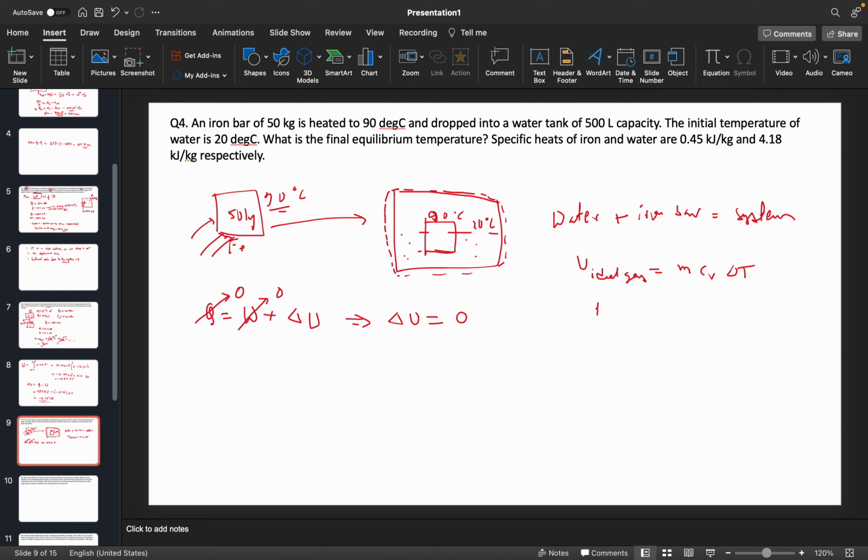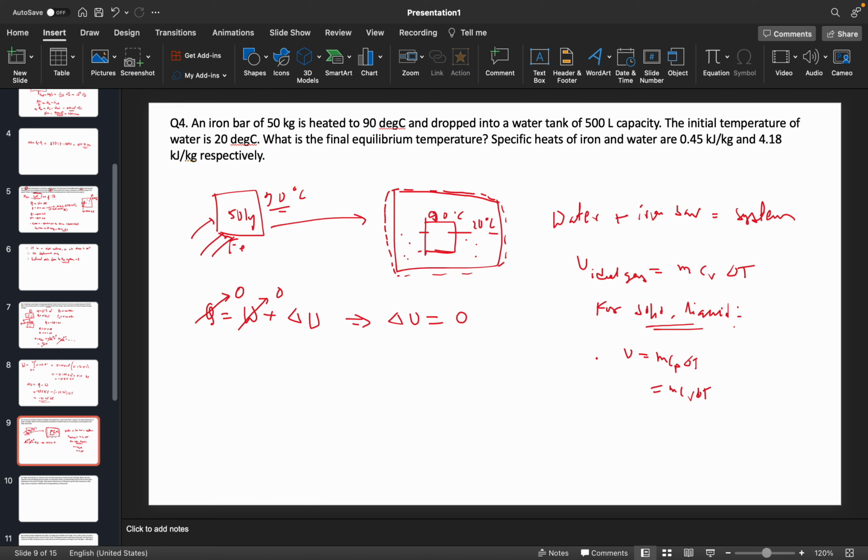But for solids, liquids and other incompressible substances, you can write U as either mCp dT or mCv dT, because Cp and Cv do not vary much in solids, liquids and other incompressible substances. So whether you take Cp or Cv here does not matter.